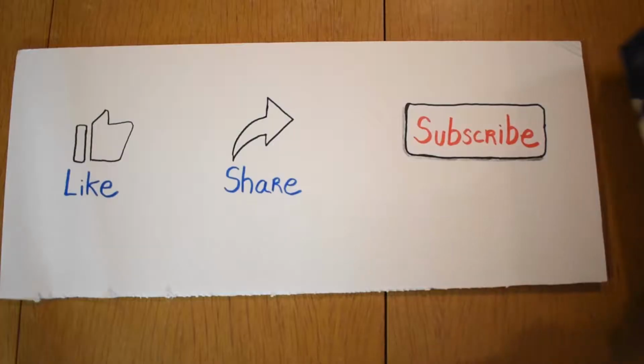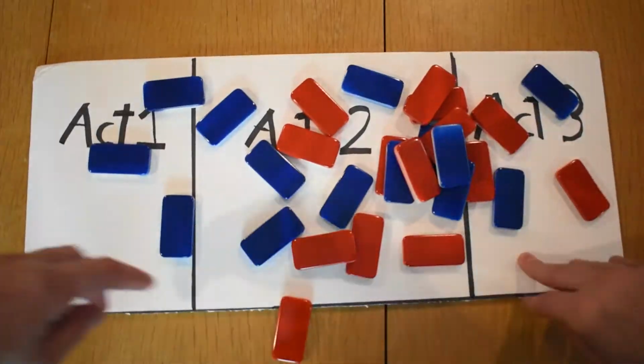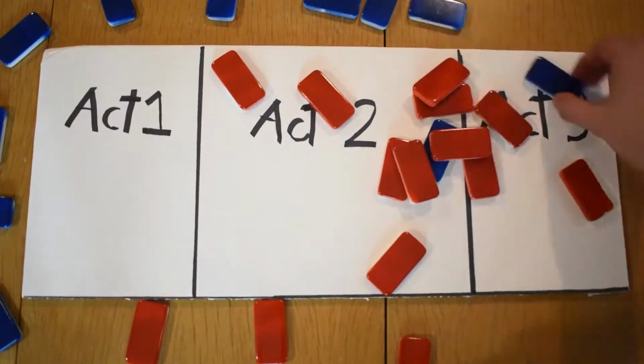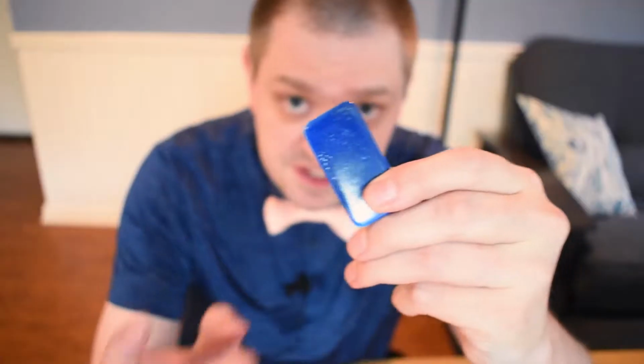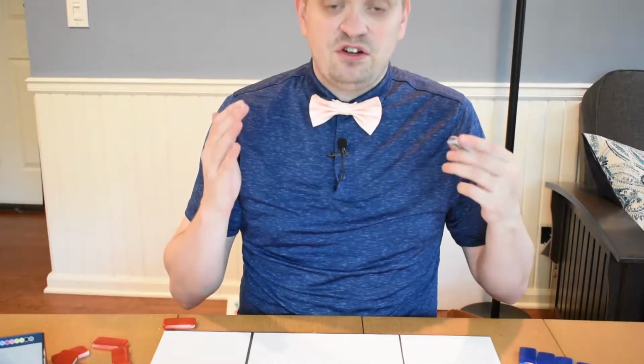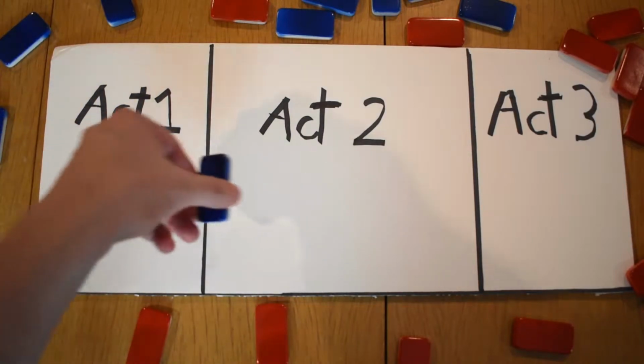Here's how it works. This is a scene. Scenes are moments of conflict, not necessarily action, but tension and conflict. So scenes are where you raise the stakes. They're where tension grows.